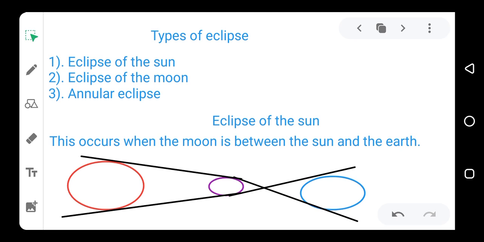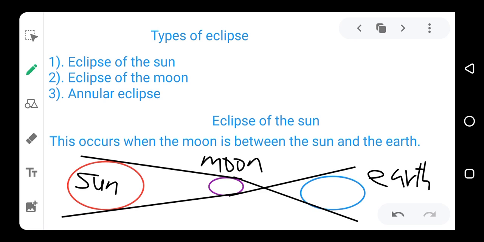Eclipse of the sun. In eclipse of the sun, the moon is between the sun and the earth. So this is what happens during eclipse of the sun.